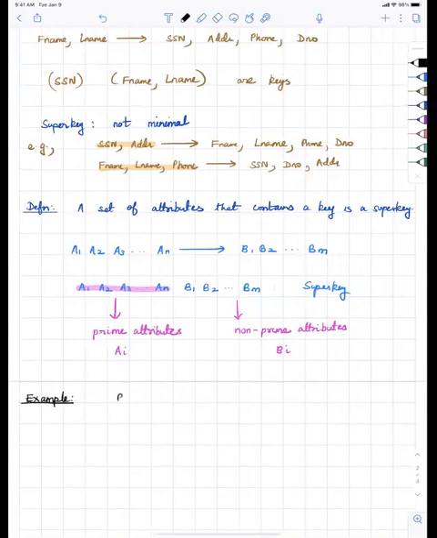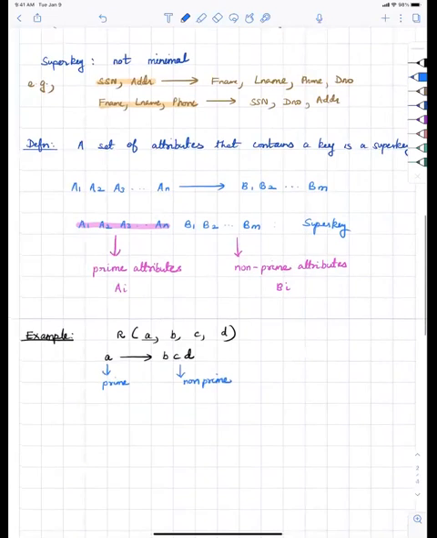So let's say we have a relation R and we have attributes A, B, C, D. Whenever I underline something, that means that is a primary key. So in this case, A has been underlined. So A is a primary key, and A determines B, C, and D. So A out here is prime, and B, C, D are all non-prime attributes.